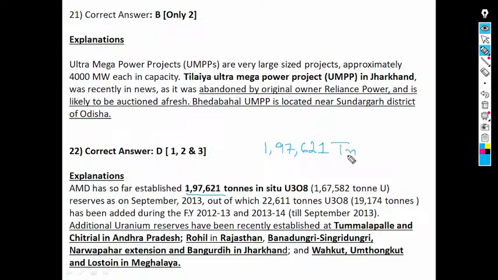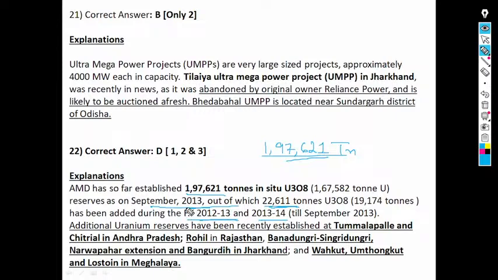1,97,621 tons in situ is the reserve, where 22,600 tons has been added in the financial year 2012-13 and 13-14.